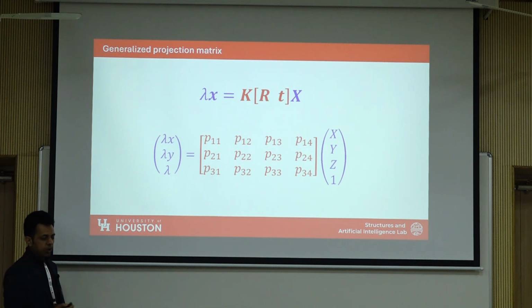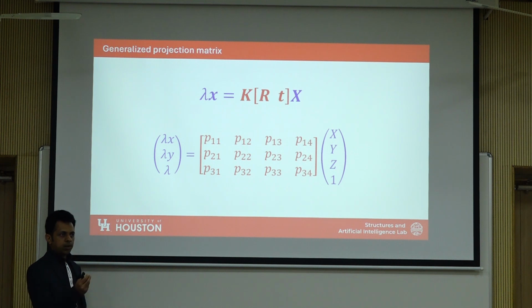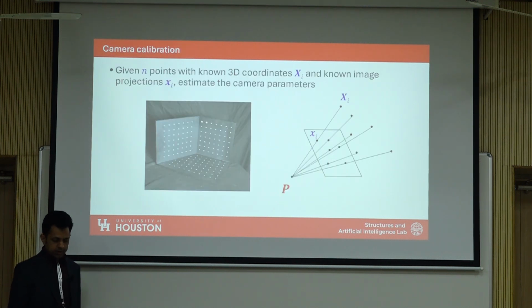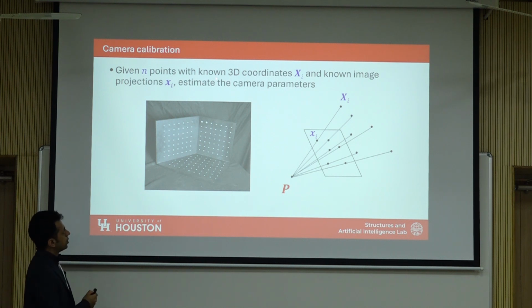That's right. So say I know the world coordinates of some points of which I also know the image coordinates. Then I know x, y, and then I know capital X, capital Y, capital Z. And so that gives me some constraints that I can use to start to figure out what these numbers are. Right? So given n points with known 3D coordinates, capital X sub i, and known image coordinates, small x sub i, we can try to estimate the camera parameters.